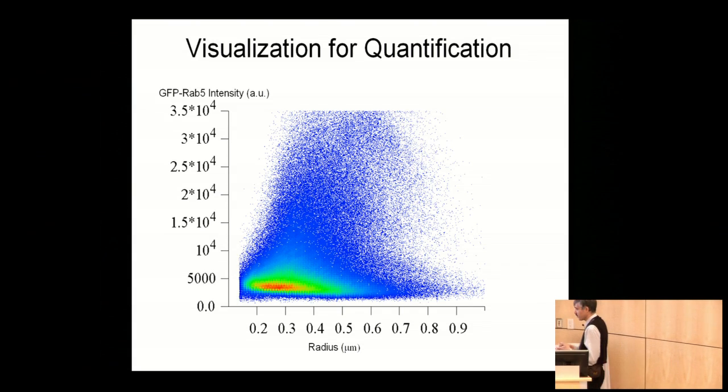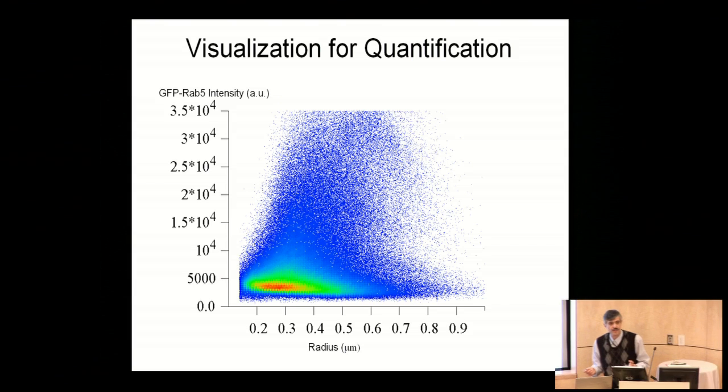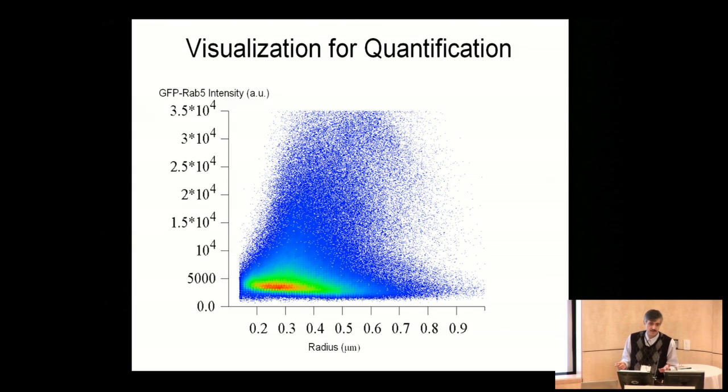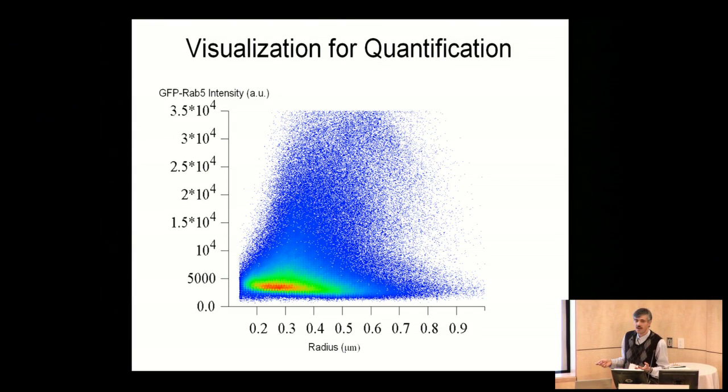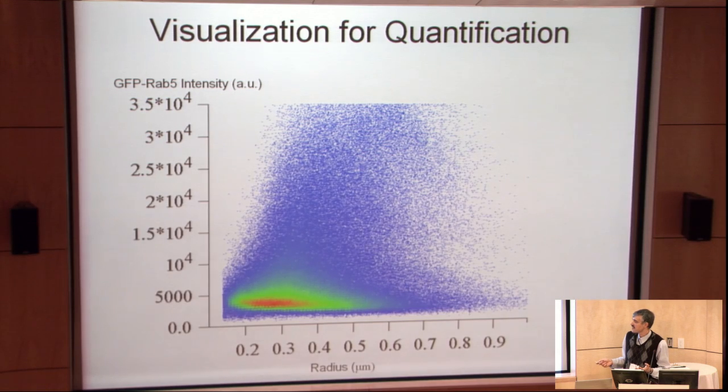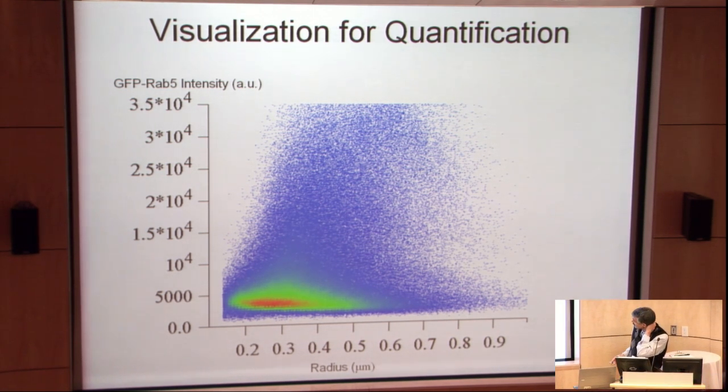If I just draw the scatter plot, I see virtually nothing. OK, the next step, I start color coding the density of the dots. Red is the majority of density, green is less, and blue is the sparsest. And again, what you see here, I would say, is hard to conclude.